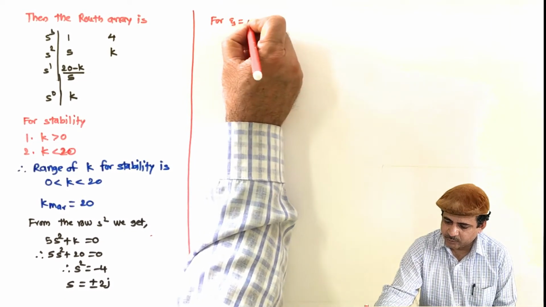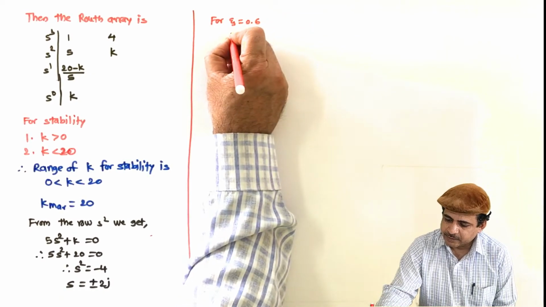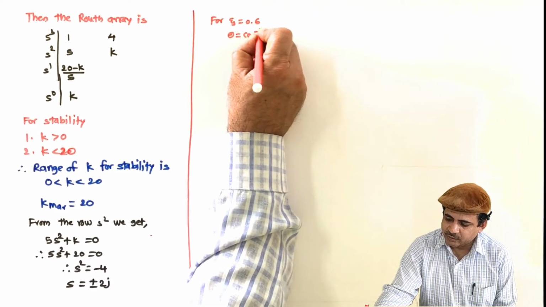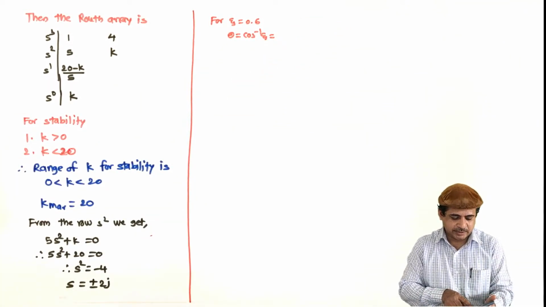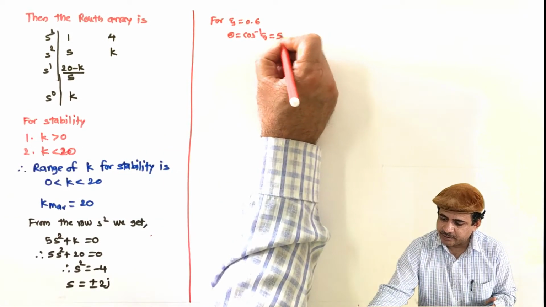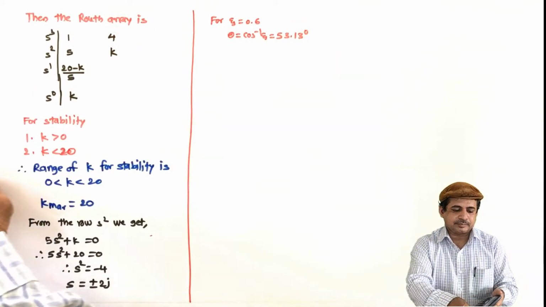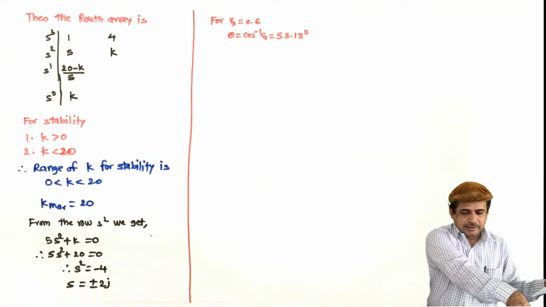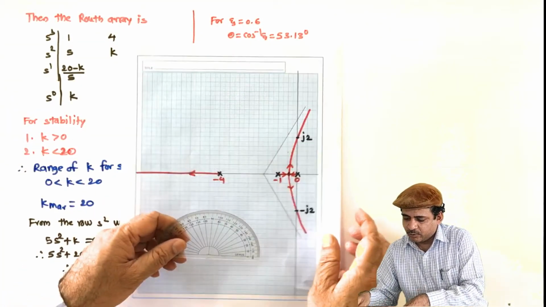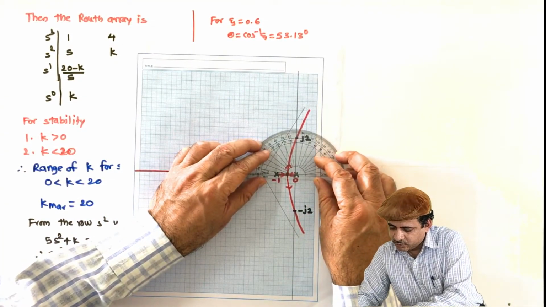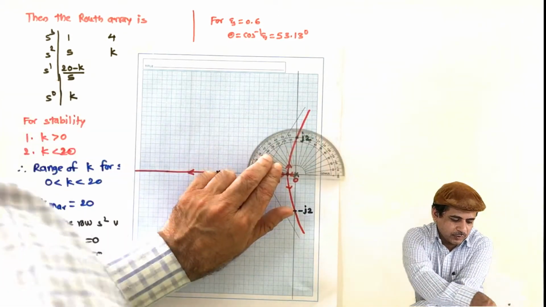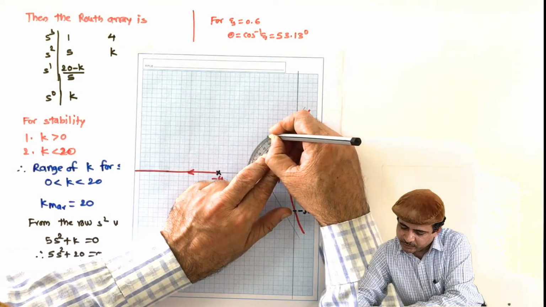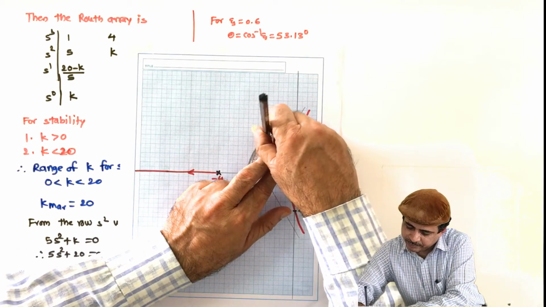For zeta equal to 0.6, theta is equal to cos inverse zeta, so you have to find cos inverse 0.6, and that angle is 53.13 degrees. That theta is nothing but the angle made by the origin with the root locus. So let us mark the angle 53.13. Exactly 53.13 is not possible, but let it be 53.